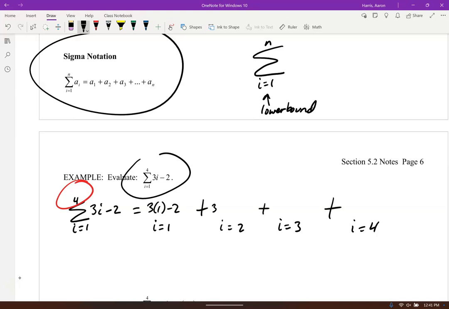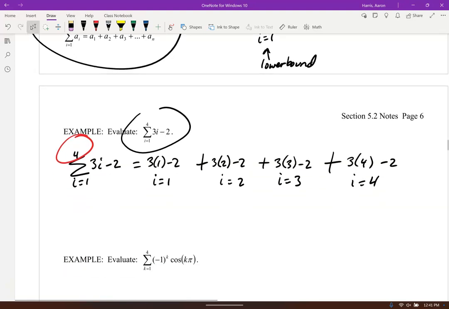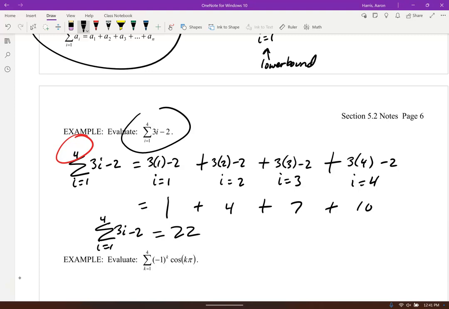Now I'm going to go 3 times the 2 minus 2. Again, I'm plugging it into 3i minus 2. And finally, 3 times 4 minus 2. And so we got 3 minus 2 is 1, plus 6 minus 2 is 4, plus 7, plus 10. So we got 22.